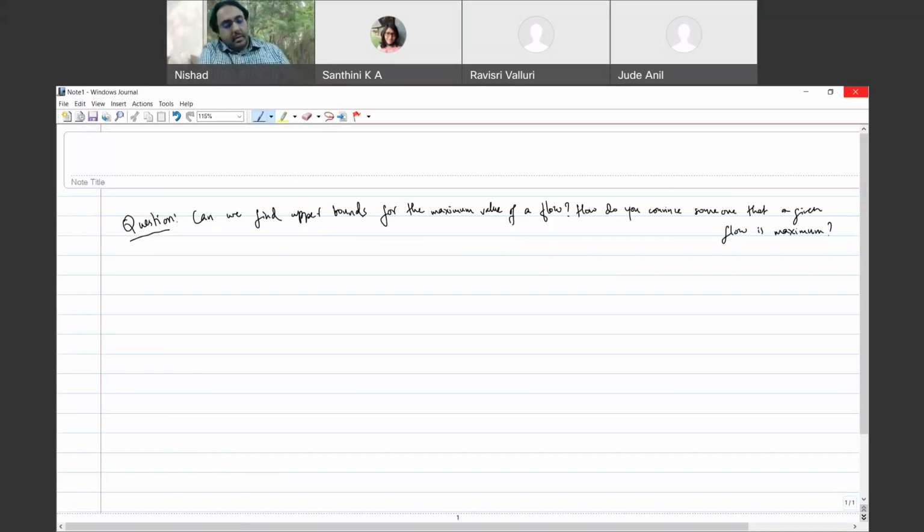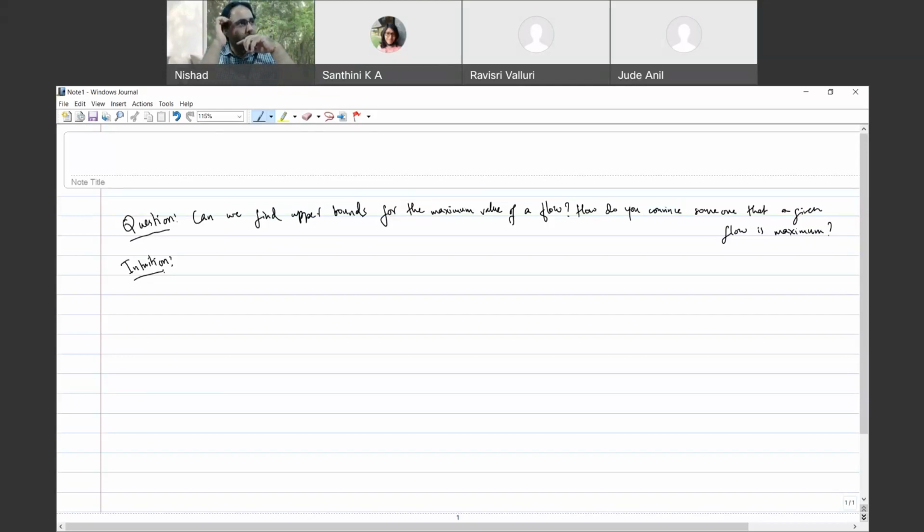All right, so let me just provide some intuition without making it formal. You see, an ST flow, so you're sending flow from a vertex S to a vertex T, right? It's some sort of a generalization of paths, actually.